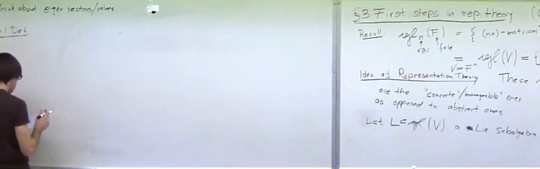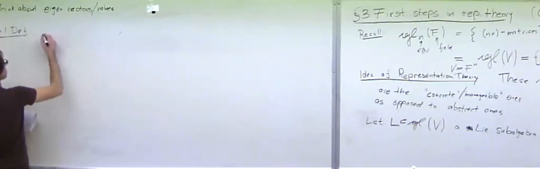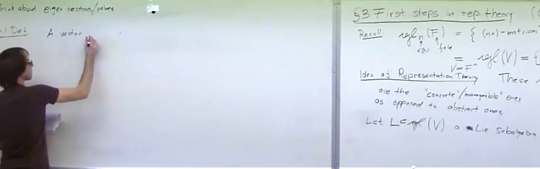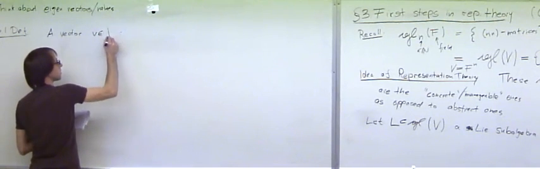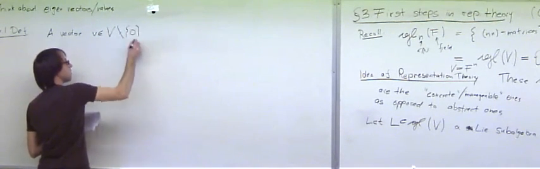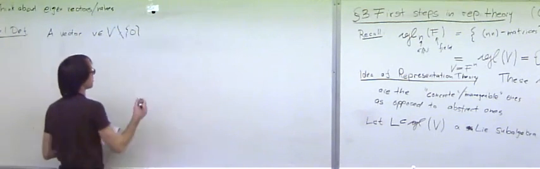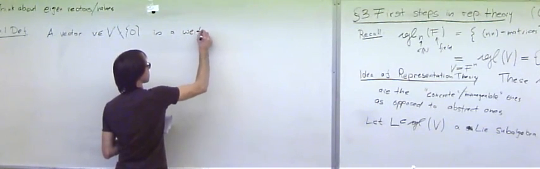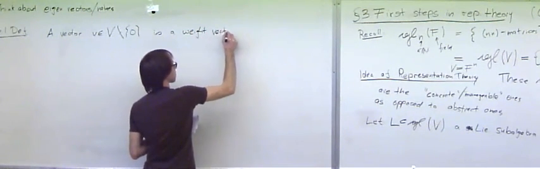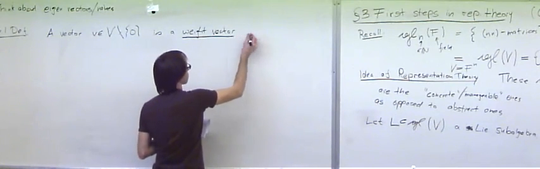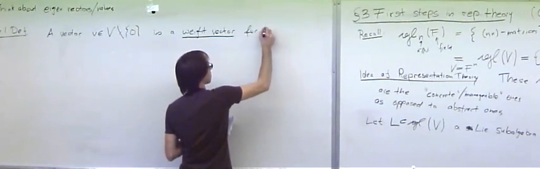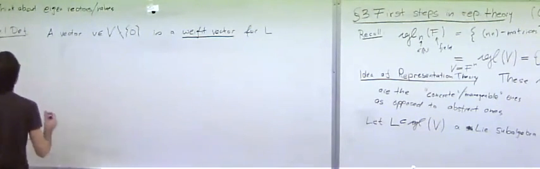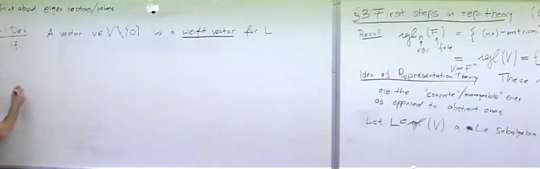And this gives rise to the definition of a weight vector. Fix a vector v in V, which is supposed to be not the zero vector. And this is by definition a weight vector for L, the Lie algebra in GL(V) we fixed, if the following condition holds.